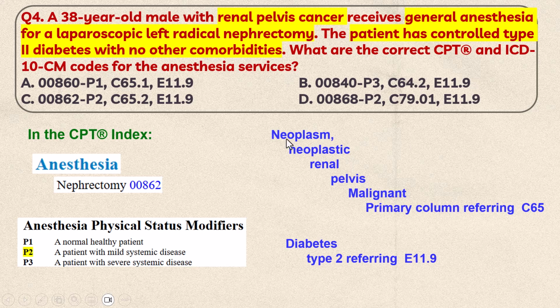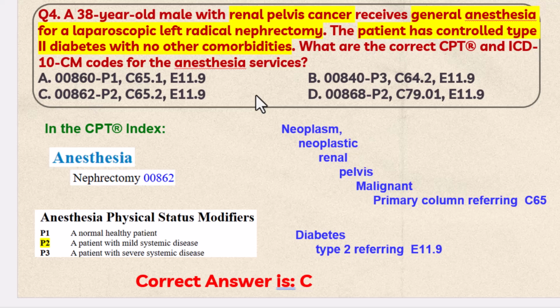There go to neoplastic, then the subcategory of renal pelvis, malignant. It is a primary cancer, so you go to the first column of primary cancer, which refers you to C65. Then for the diabetes, you can go to the index of diabetes. There you go to type 2, referring to E11.9. Then you have to add the anesthesia modifier as well, as we did earlier, that is P2, a patient with mild systemic disease. So the correct answer will be answer C.